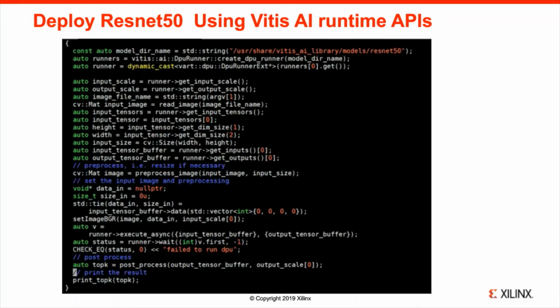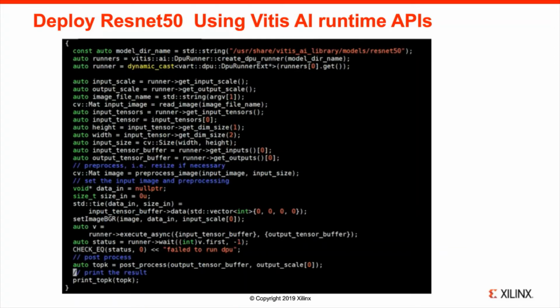Then the post-processing: we use these APIs to get the results from the DPU and do post-processing. So this is the typical deployment architecture that could be applied to any deep learning network.